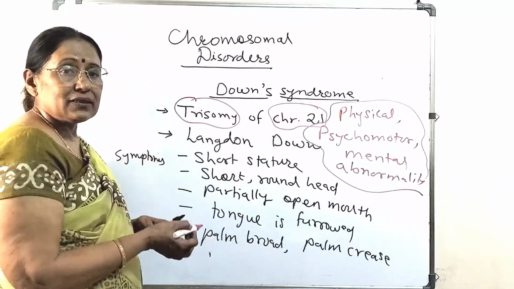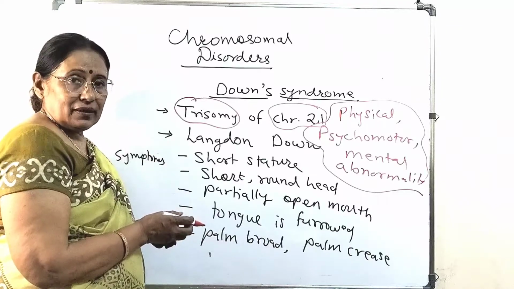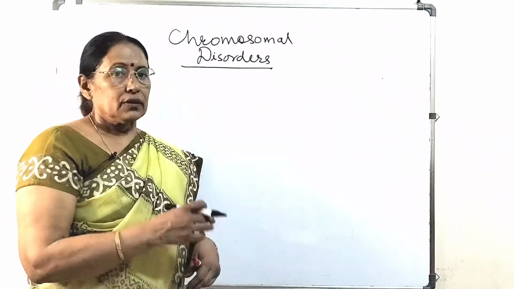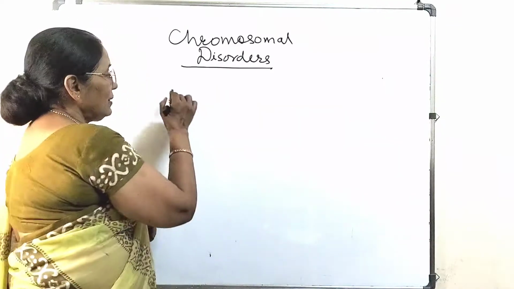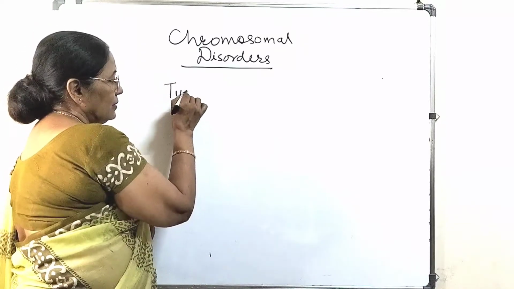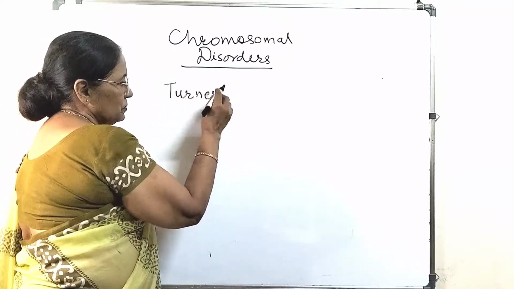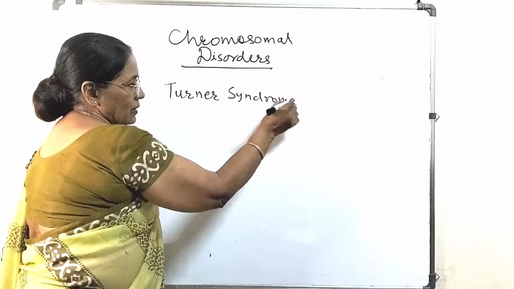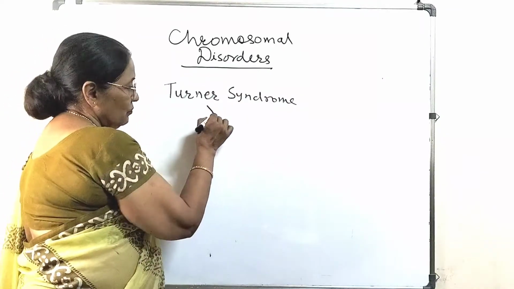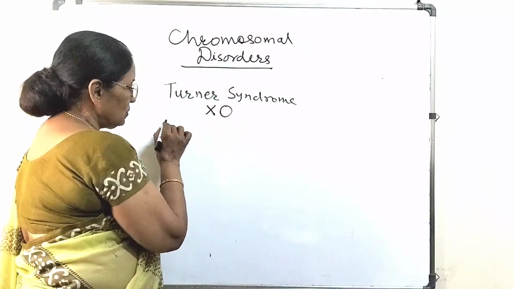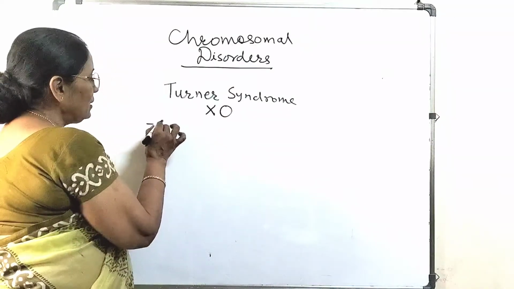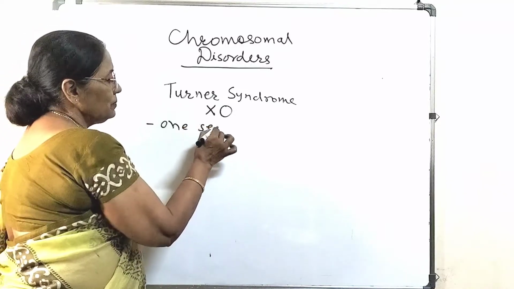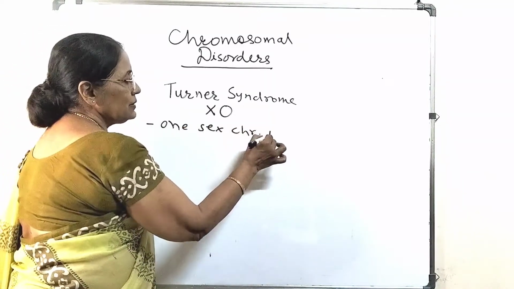Now we move to the next one, that is Turner syndrome. So after Down syndrome, let us study Turner syndrome. Here, one of the sex chromosomes is missing.